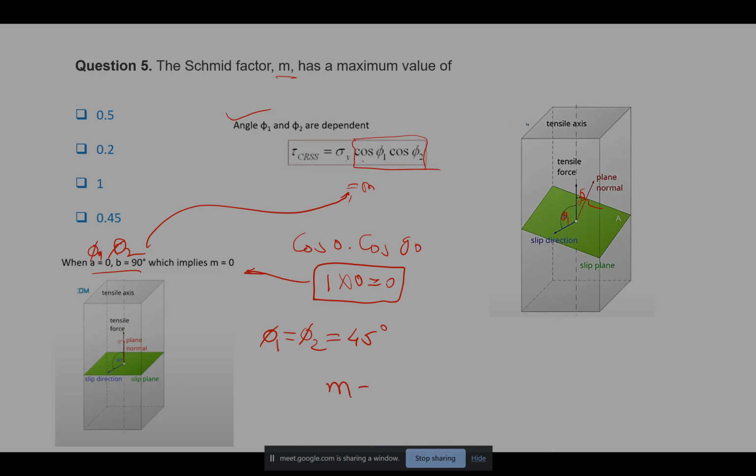Then m value will be cos 45 into cos 45, 1 by root 2 into 1 by root 2, that is equal to 0.5. The maximum Schmid factor value m will be equal to 0.5.